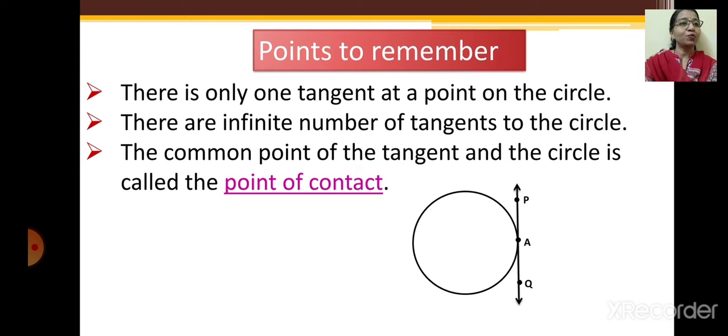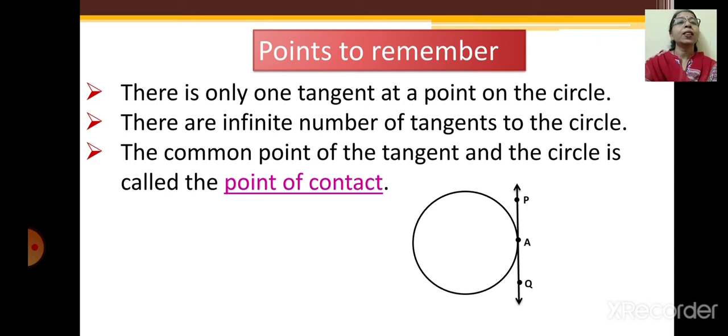So at a given point you can draw only one tangent. Now point number 2, there are infinite number of tangents to the circle. As a circle consists of infinite number of points, and at every point we can draw one tangent, there are infinite number of tangents to the circle.